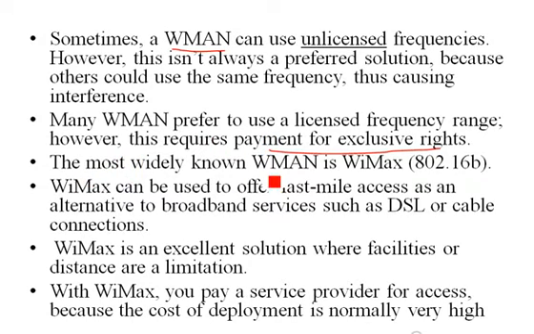The most widely known one is WiMAX, 802.16. WiMAX can be used to offer last mile access as an alternative to broadband services such as DSL or cable connection. WiMAX is an excellent solution where facility or distance are a limitation.